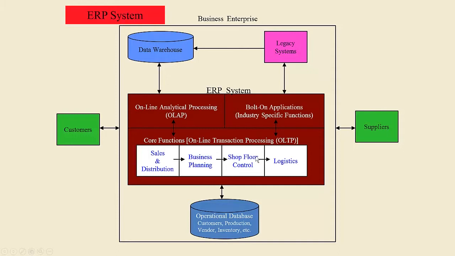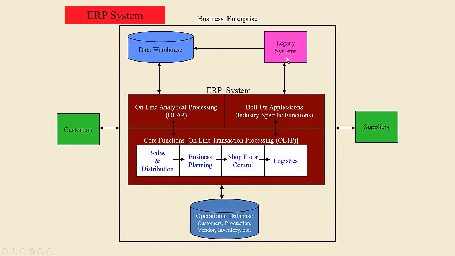The software system, the business information system, is run off of an operational or production database. There's also often a data warehouse that management uses for OLAP, decision support for their management decisions.